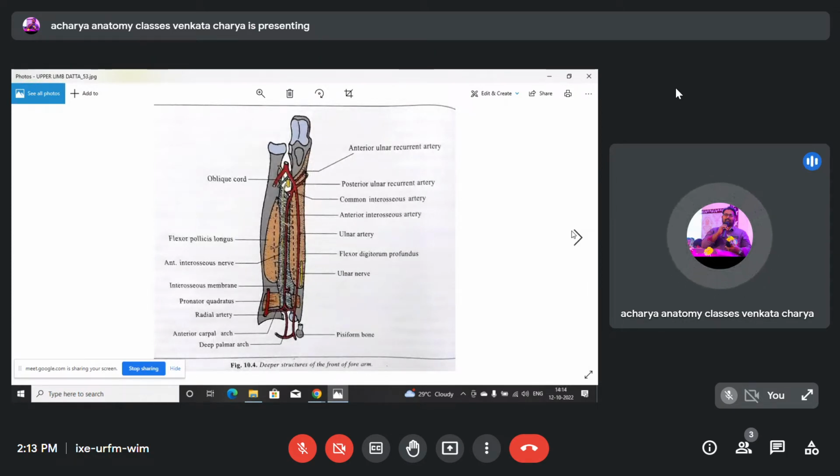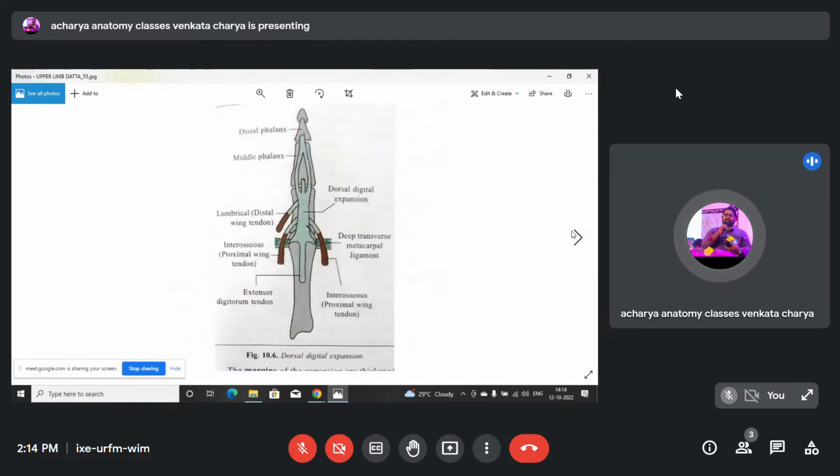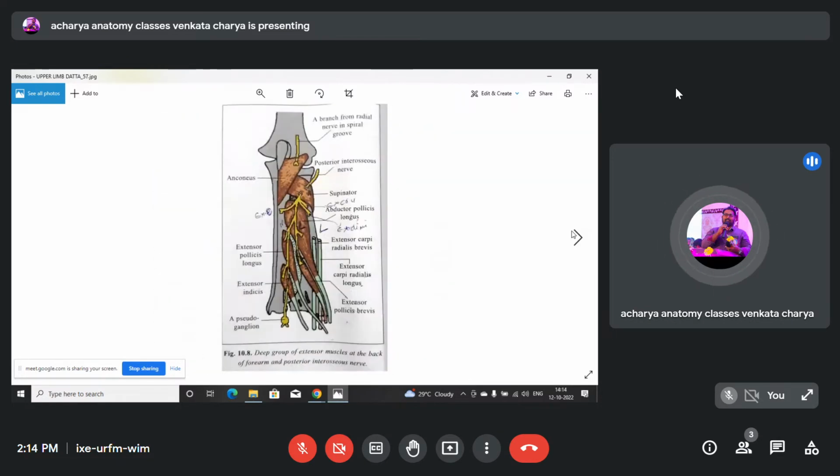It gives one anterior transverse branch and number two, posterior transverse branch. Anterior transverse branch and posterior transverse branch.